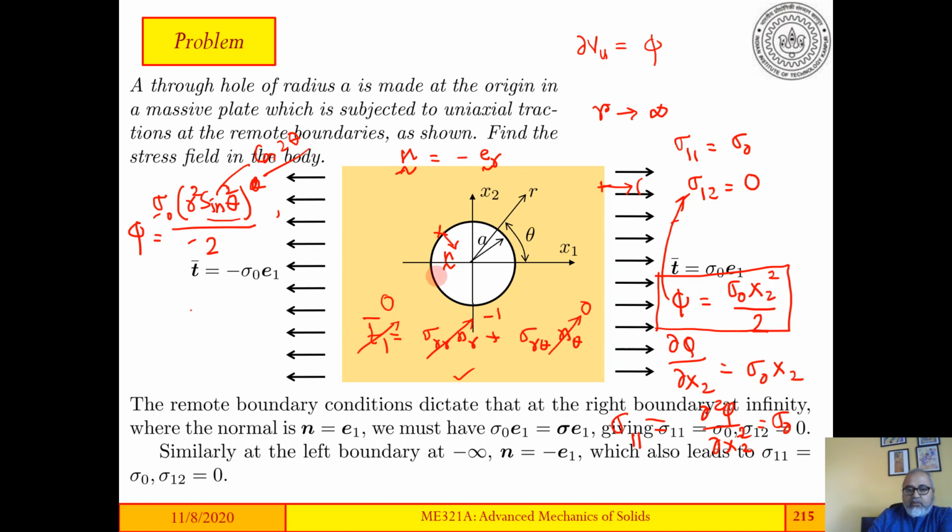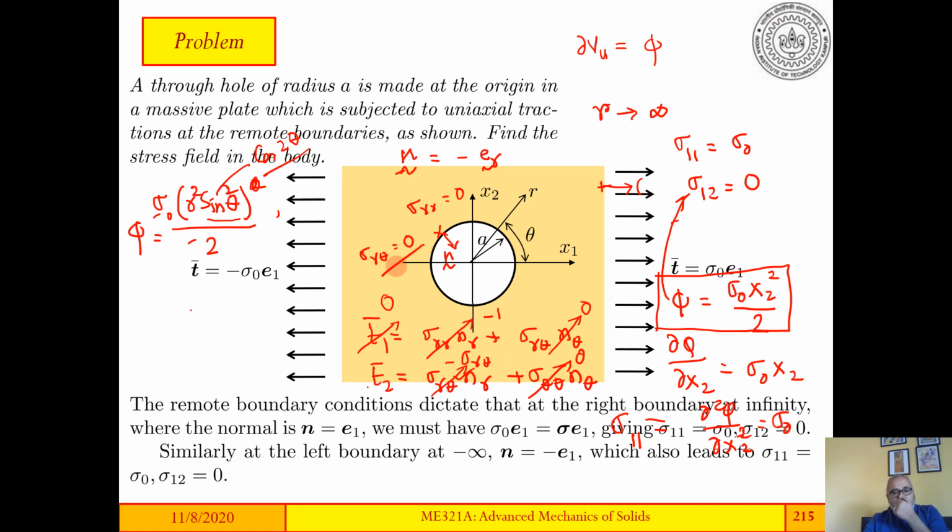T1 bar is 0 because this is a traction free hole, which means that at this point sigma RR has to be equal to 0. Similarly, T2 bar is equal to 0 on the hole, and it is equal to sigma R theta NR plus sigma theta theta N theta. N theta is 0, so this is minus sigma R theta. T2 is 0 because this is a traction free hole. It means that sigma R theta is also equal to 0.